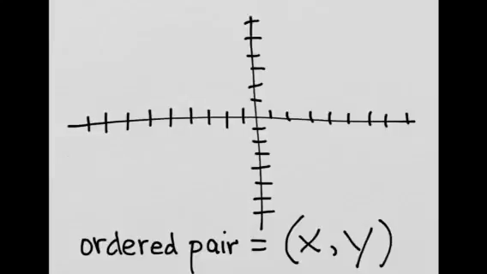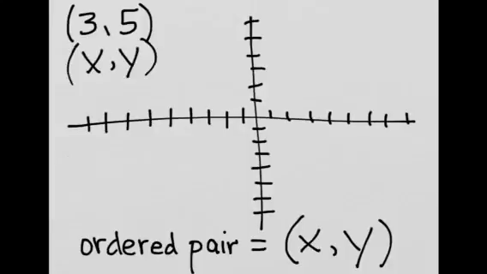So if you look at the practice problem number 2 on page 58, they want you to plot (3, 5). Well, since 3 is x and 5 is y, first of all you would go over 1, 2, 3 to find x, and then you would go up 1, 2, 3, 4, 5 to find y, and that rather large dot shows where the point (3, 5) is.